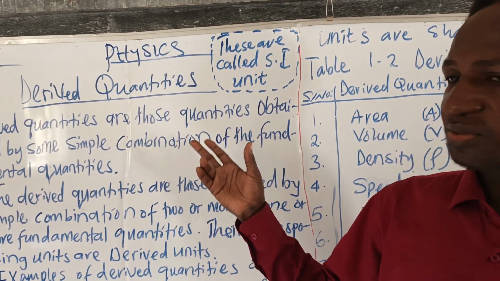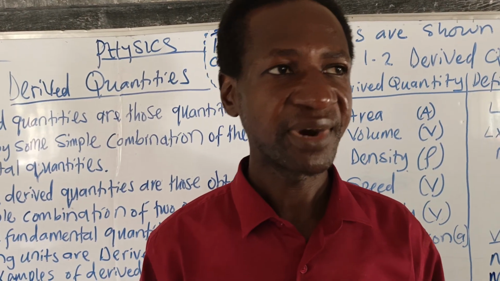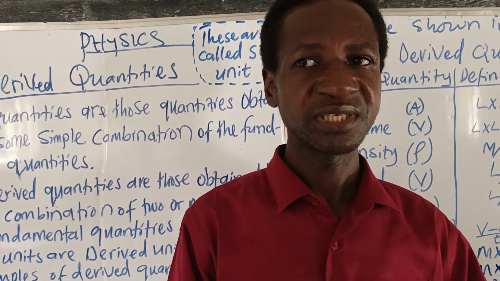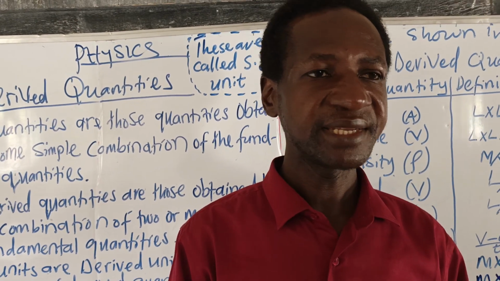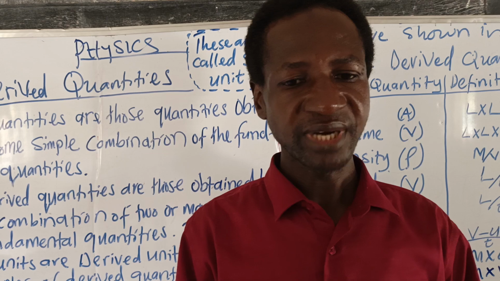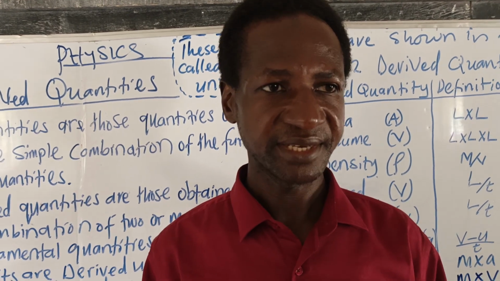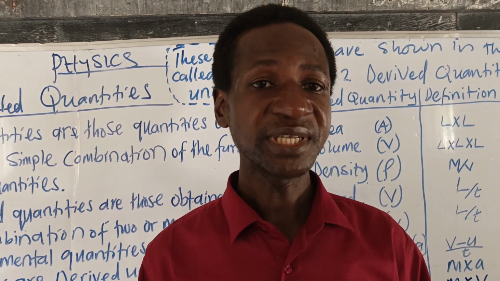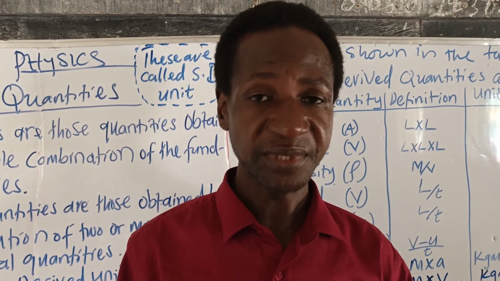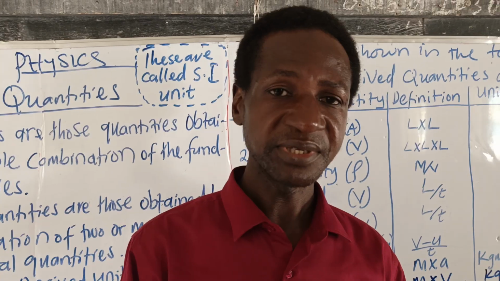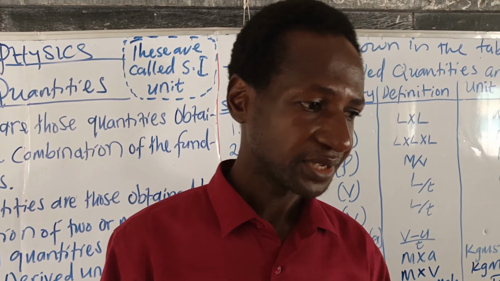The derived quantities can be obtained by simple combination of the fundamental quantities. By simply combining the fundamental quantities, the derived quantities are obtained, and their corresponding units are called derived units.